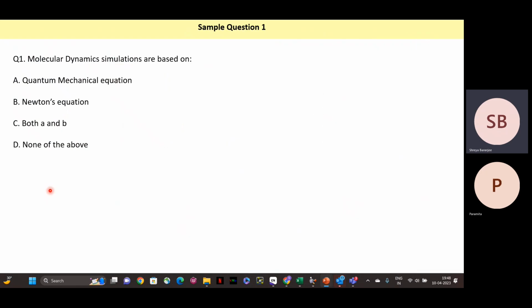So the first question is that molecular dynamic simulations are based on which of these four?